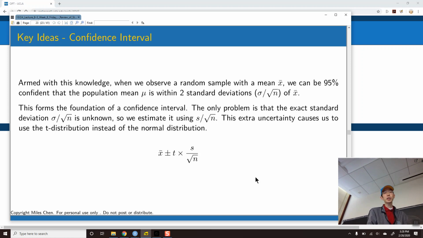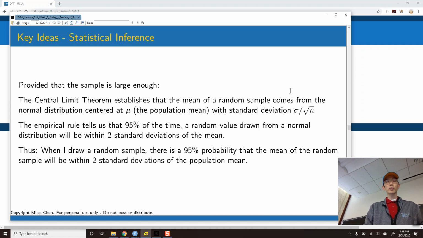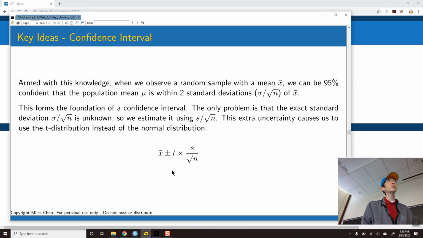Okay, on this page I say I'm 95% confident that mu is within 2 standard deviations of x bar, but over here I can say there's a 95% probability that x bar, the mean of the sample, is within 2 standard deviations of mu, the population mean. Okay, so why can I say 95% probability, at least from a frequentist perspective, that x bar is within 2 standard deviations of mu here, but I'm not allowed to say that over here?